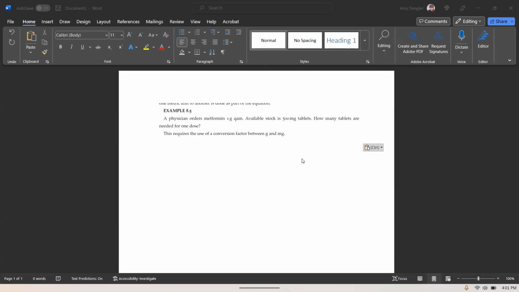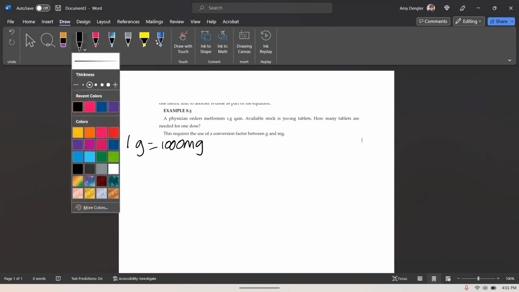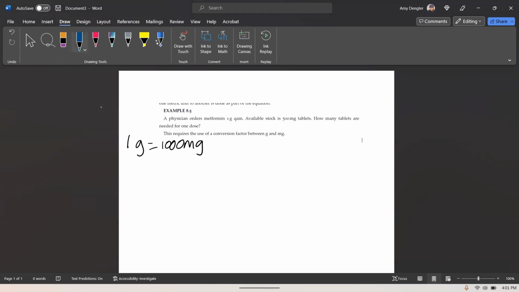So by now, you probably heard me say that you should learn 1 gram is equal to 1,000 milligrams. And remember it forever because you're going to need to know it. So true. So this 1 gram that they're ordering is really 1,000 milligrams.